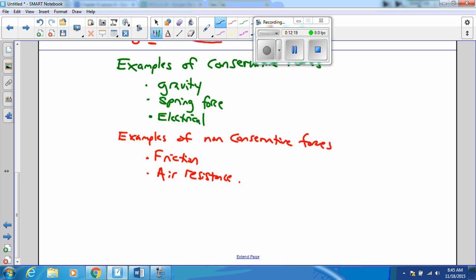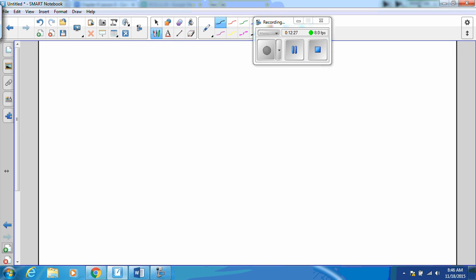Okay, that gives us the lay of the land. Now, what we want to do is just take all these pieces and we want to put them together to make an obvious observation. Let's say I have an object. And here's my object, and we are going to act on it with several forces that are conservative.